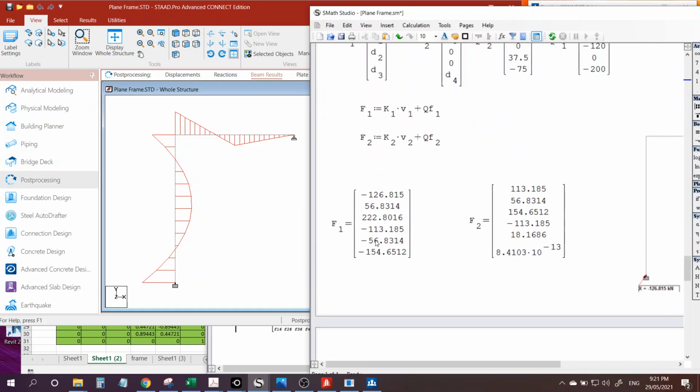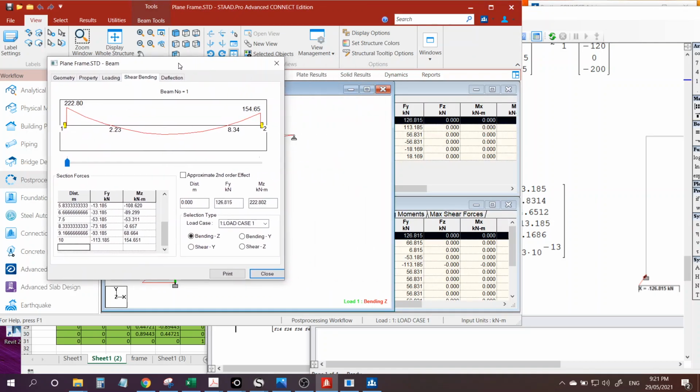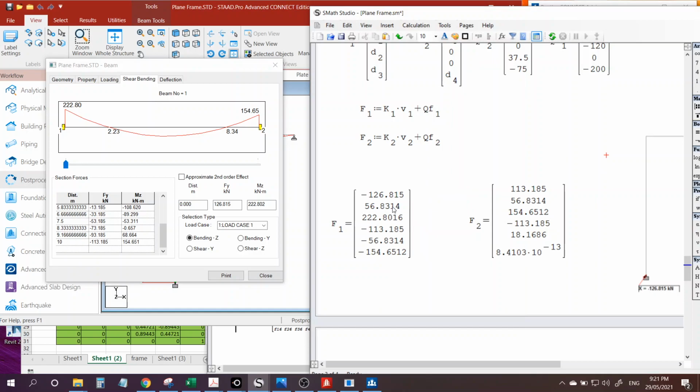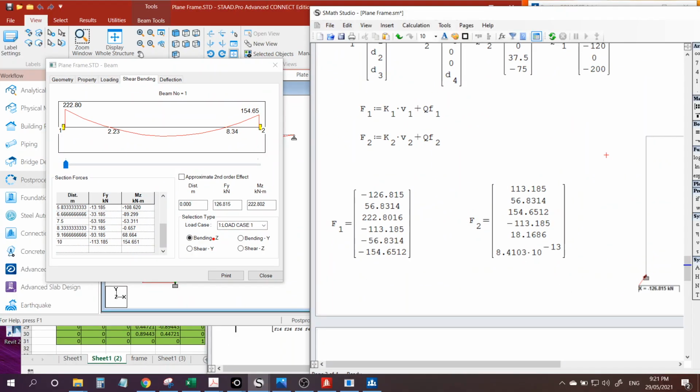There. So for F1, these are the sets of forces. I'll double click this to get the shear and bending. For the bending, we got 222, 154.65.